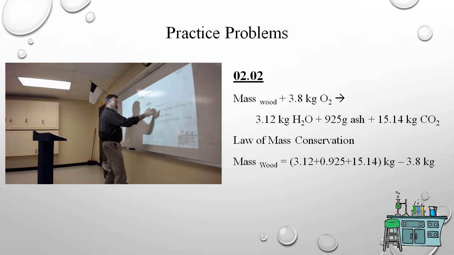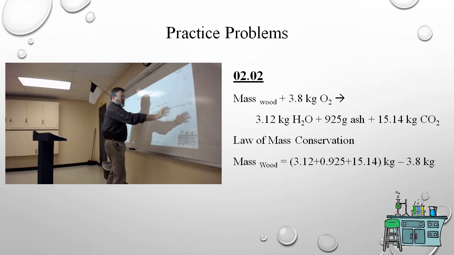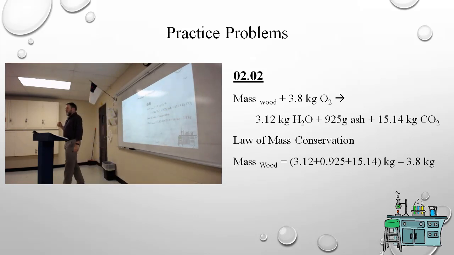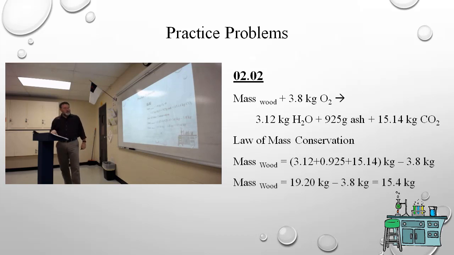So I need to subtract it from the reactant side and subtract it from the product side. And that's what the math looks like. Again, the principle is the mass of the wood plus the mass of the oxygen has to equal the mass of the water vapor plus the mass of the ash plus the mass of the carbon dioxide produced. Solving for the unknown mass of the wood.